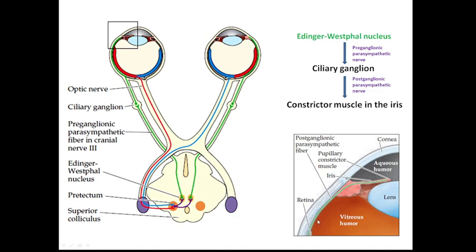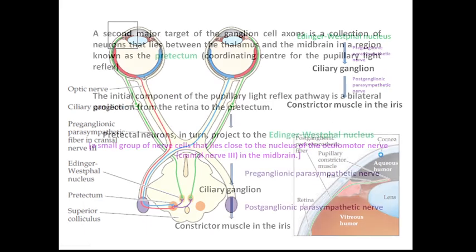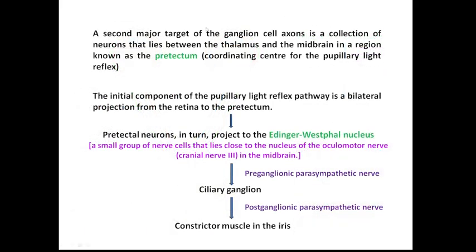You can see here this postganglionic parasympathetic fiber coming towards the pupillary constrictor muscles and responsible for constriction of the pupil. So this is the summarized information about the connections of the pretectum and Edinger-Westphal nucleus.